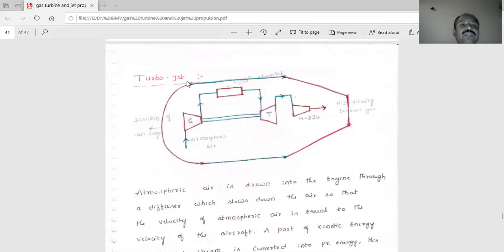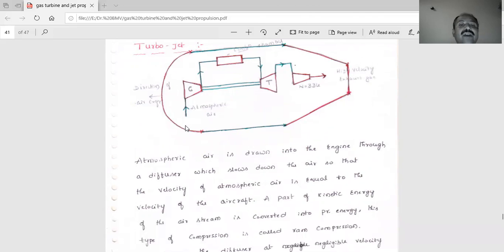Then there is another one, the turbojet engine. The turbojet engine consists of a compressor, combustion chamber and turbine. Then the turbine is connected to a nozzle. The air admitted to the compressor first passes through a diffuser. In the diffuser, the velocity of the air is slowed down and the pressure increases. That high pressure air comes into the compressor, and the compressed air is passed to the combustion chamber, where an enormous amount of heat energy is liberated.